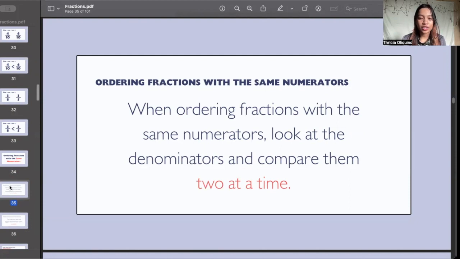When we're ordering fractions with the same numerators, take note of this, we need to look at the denominators and compare them two at a time.